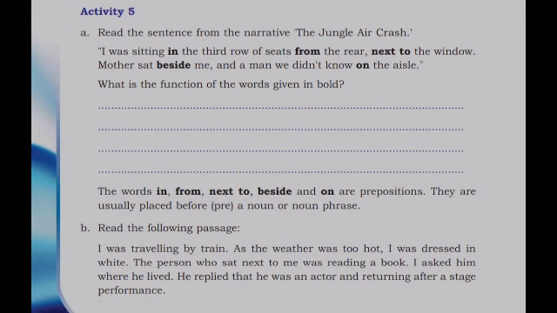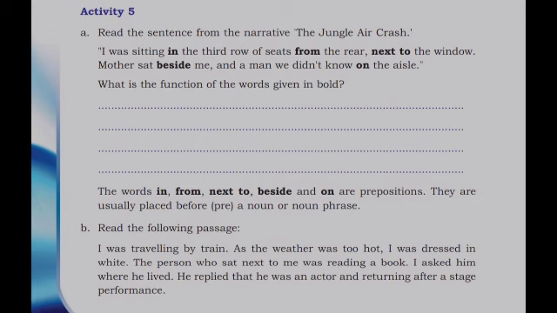Read the sentence from the narrative, The Jungle Air Crash. I was sitting in the third row of seats from the rear next to the window. Mother sat beside me and a man we didn't know on the aisle. Here, what is the function of the words given in bold, such as in, from, next to, beside, and on? What is the function of these words?